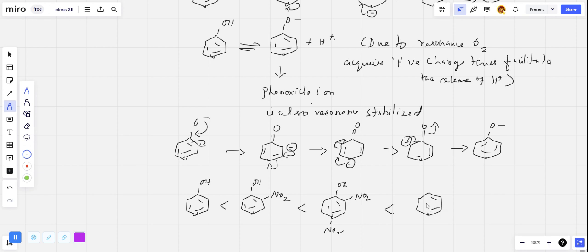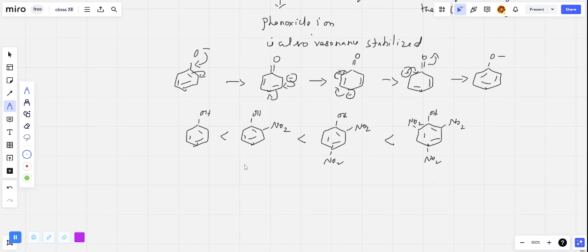If the nitro groups are present at both the ortho and para places, this is more acidic. But at the same time, if electron releasing groups are present, what will happen?